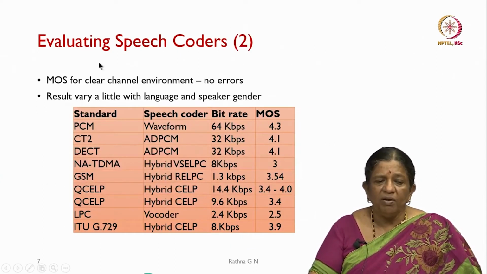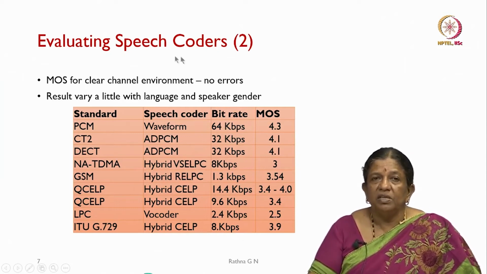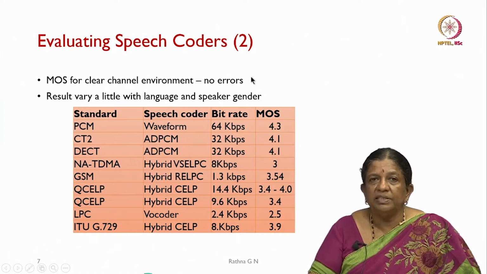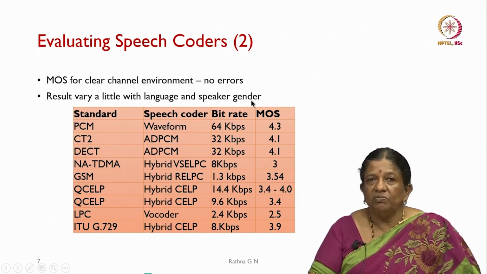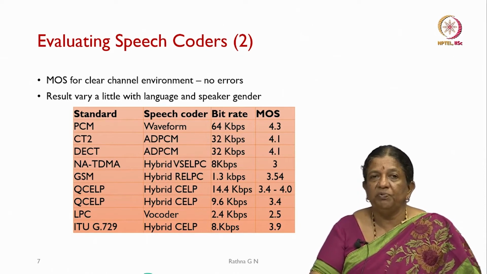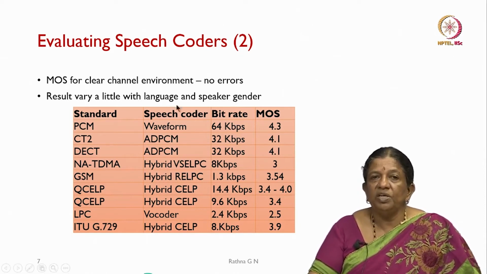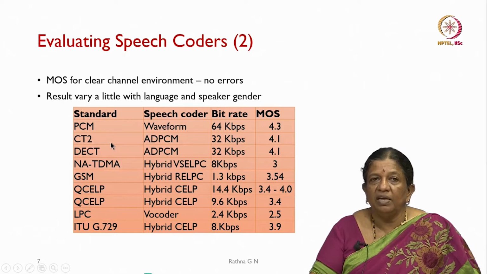Further, how is it going to be evaluated? Based on the mean opinion score for a clear channel environment, which means no errors in the channel, results vary a little with language and speaker gender. As we know, accents vary from one person to another, so one has to do that analysis.